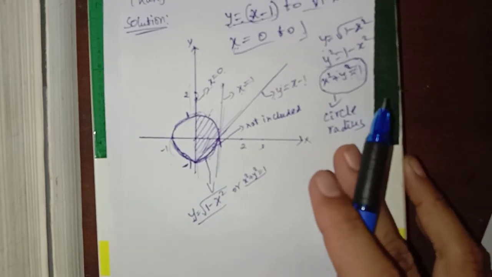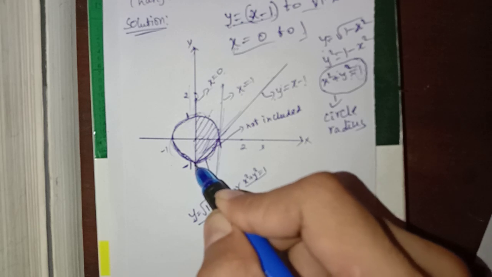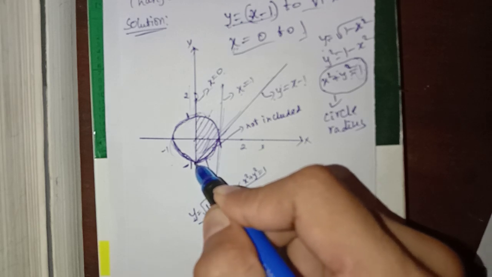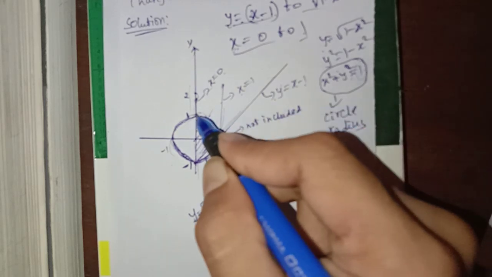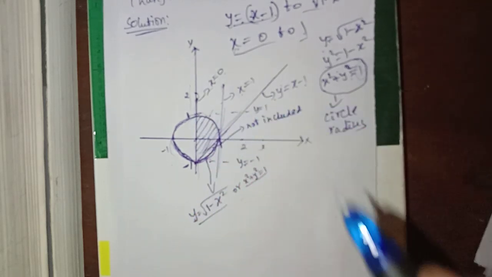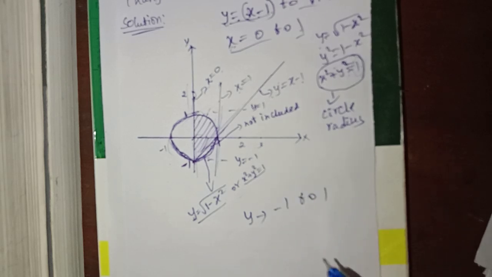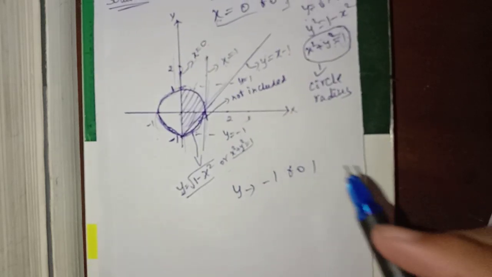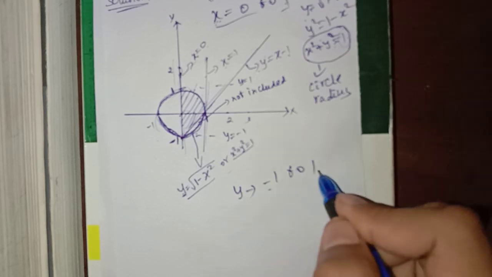Y is bounded from y is equal to minus 1 to y is equal to 1. So we must take the y limit as minus 1 to 1.